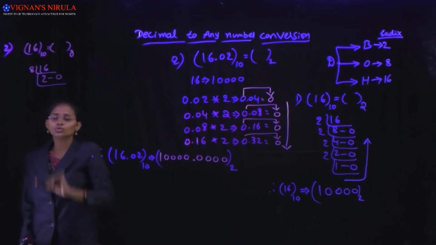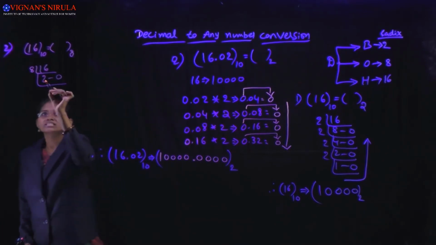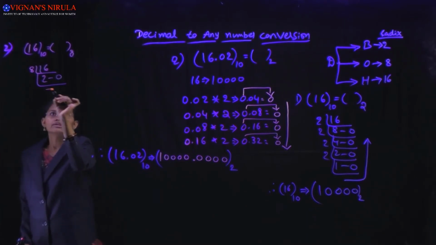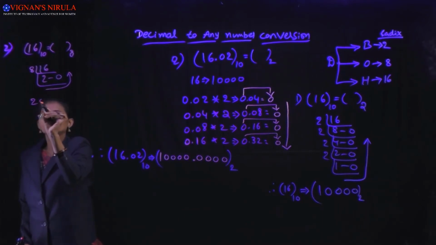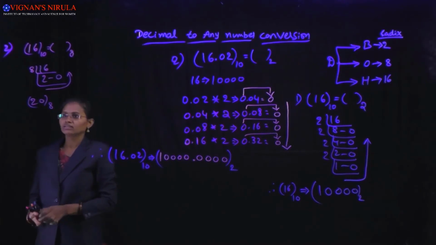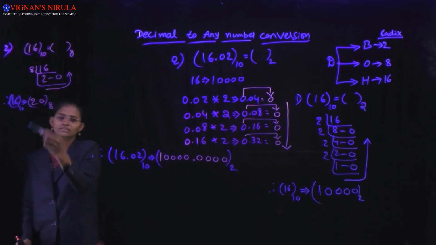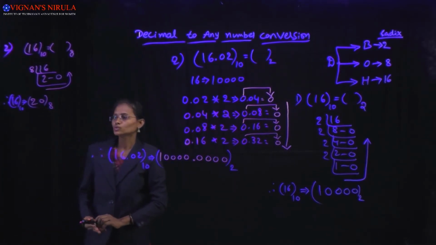This 2 is less than 8, so you write down from top to bottom. Here 16 is 20. This is the octal number. Therefore 16 decimal converts to octal 20.